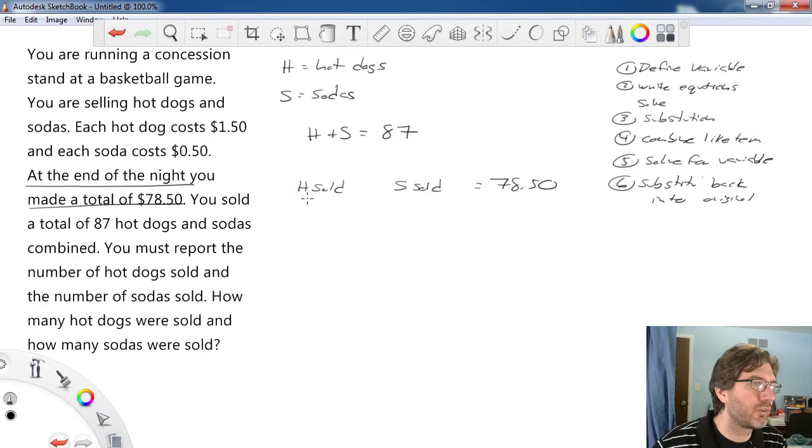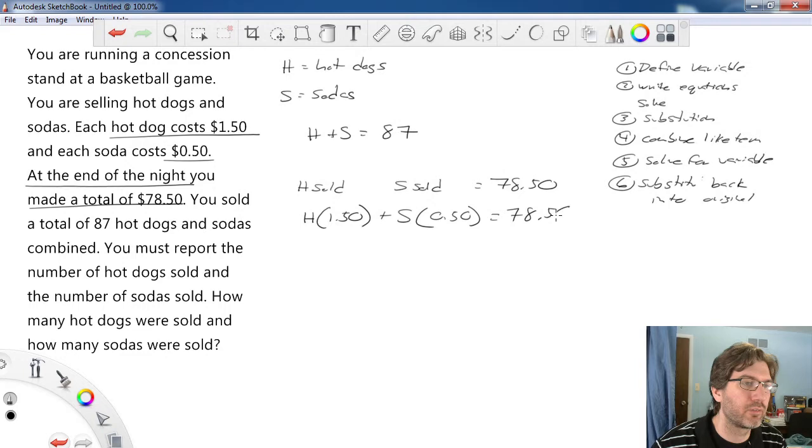And you know each hot dog is $1.50. So that would be the number of hot dogs I sell times 150, because I want to make everything into money, plus however many sodas I sold times 50 cents, 0.50, has to equal $78.50.